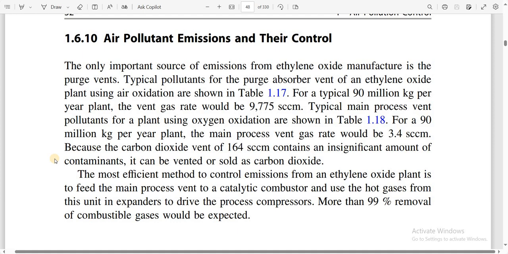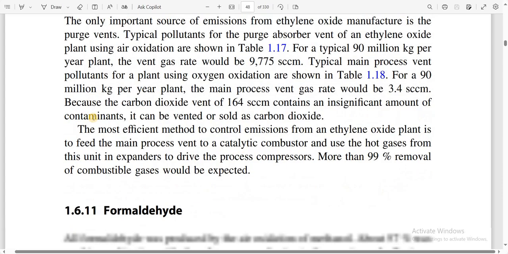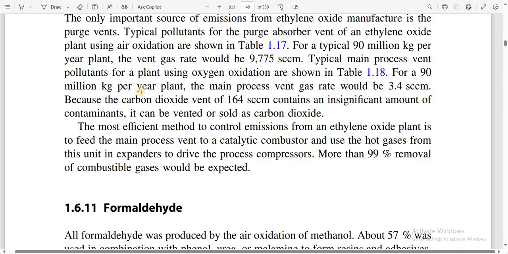9775 SCCM. The typical main process vent pollutants for a plant using oxygen oxidation are shown in table 1.18. For a 90 million kg per year plant, the main process vent gas rate would be nearly about 3.4 SCCM.